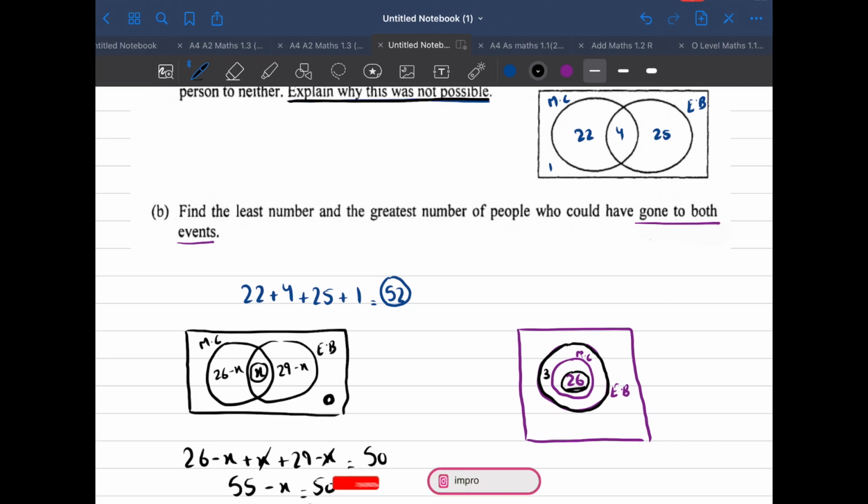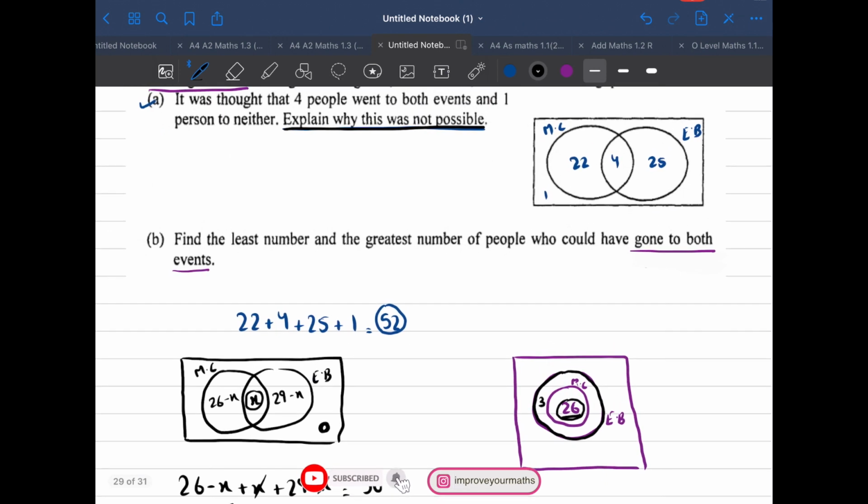Now, in the question, there were 50 people, out of which 29 are going on the evening barbecue and 26 are going on the morning cruise. How many are left? 50 minus 29 is what? 21. So now the question is asking you for the greatest value who could have gone to both events.